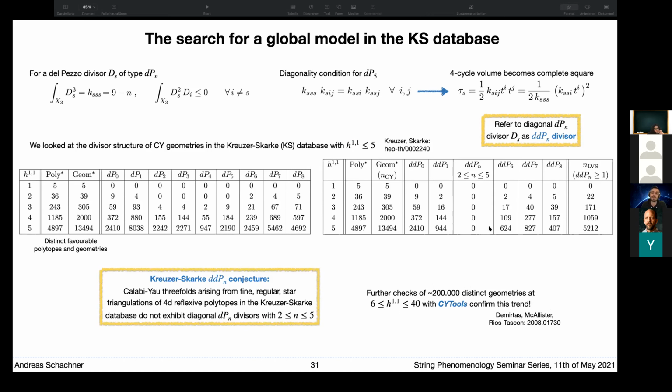So it seems like there's something more to this observation, and it would be interesting to understand whether this holds true more generally, and whether there's some fundamental reason for why these types of divisor structures cannot appear in the Kreuzer-Skarke database. Now, it seems a bit dramatic for our purposes because now we have to look out for other classes of Calabi-Yau threefolds.